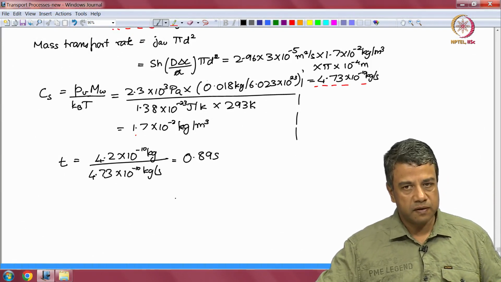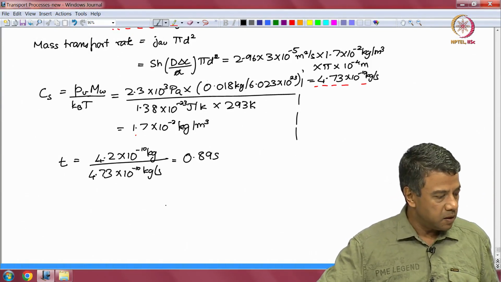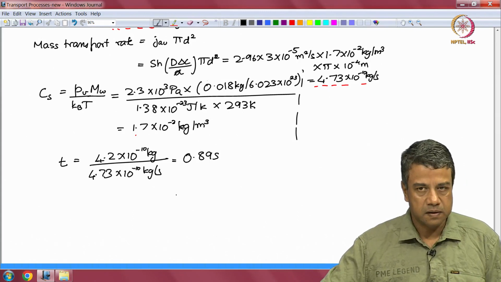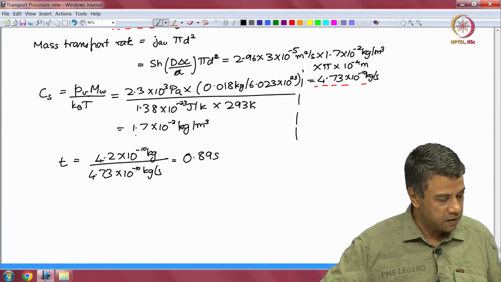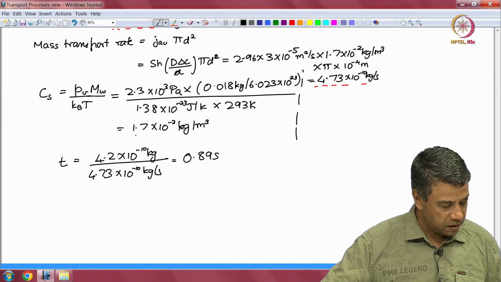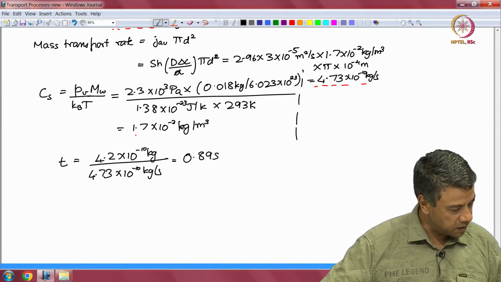So, this is the time for evaporation. Okay. How about the time for heat transfer? So, the entire latent heat of evaporation has to be transferred within the time that the droplet mass is transferred out. Okay.